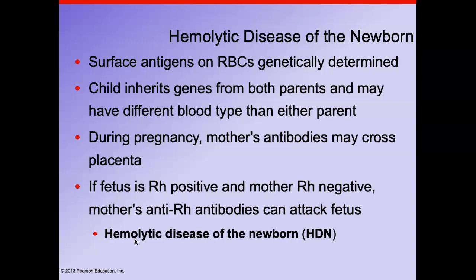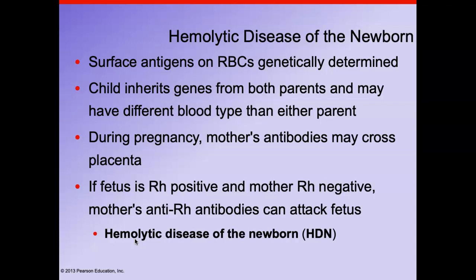During pregnancy, the mother's antibodies may cross the placenta. So if the dad is Rh positive and the mother is Rh negative, and the child just happens by chance, 50% chance, to be positive, if the fetus is positive, the mother's anti-Rh antibodies can attack the fetus. And this is called hemolytic disease of the newborn.